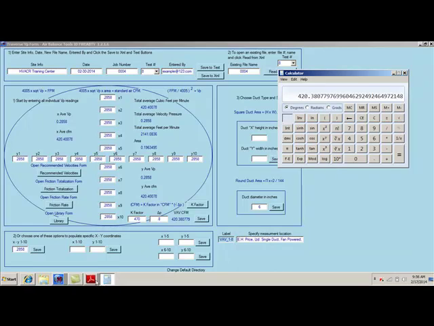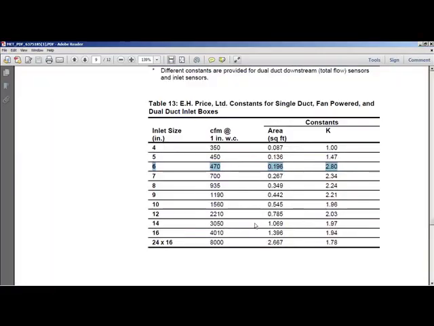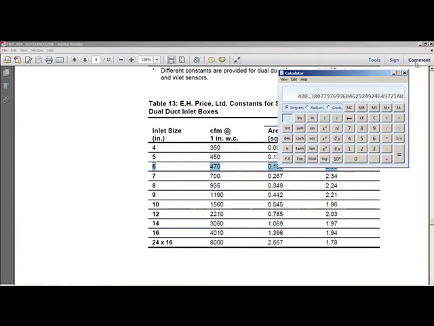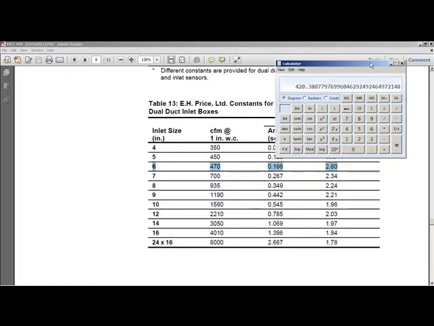But we'll go ahead and run the numbers, and we'll say 0.8 divided by 2.8.